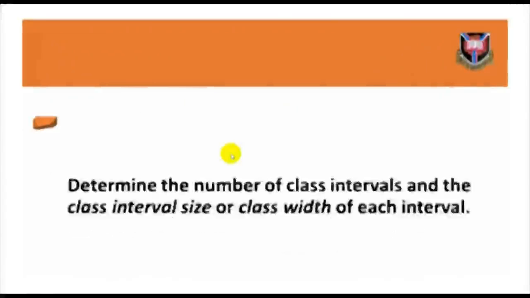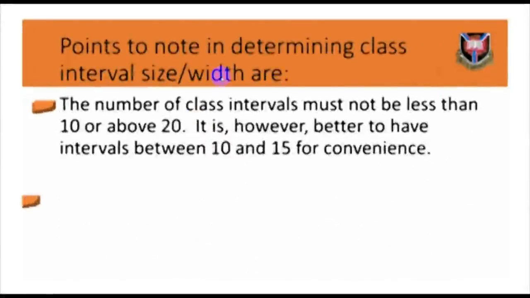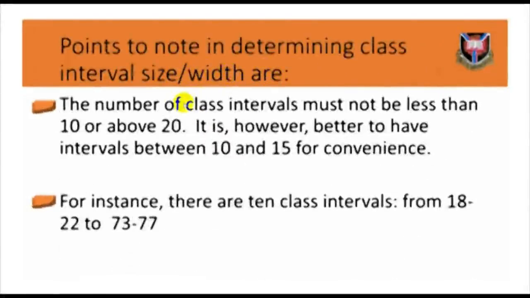2. Determine the number of class intervals and the class interval size or class width of each interval. Points to note are: A. The number of class intervals must not be less than 10 or above 20. It is, however, better to have intervals between 10 and 15 for convenience.